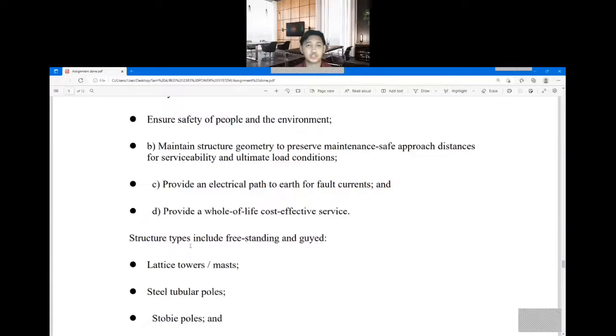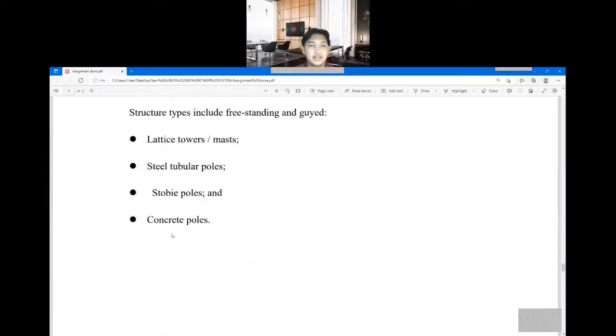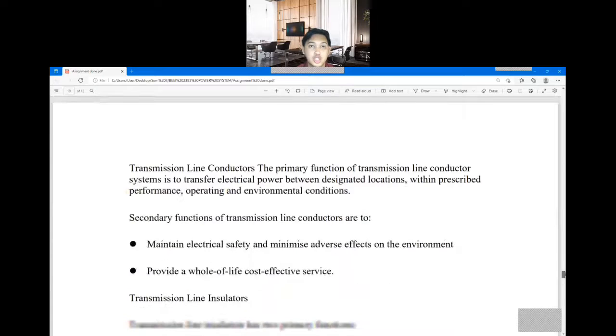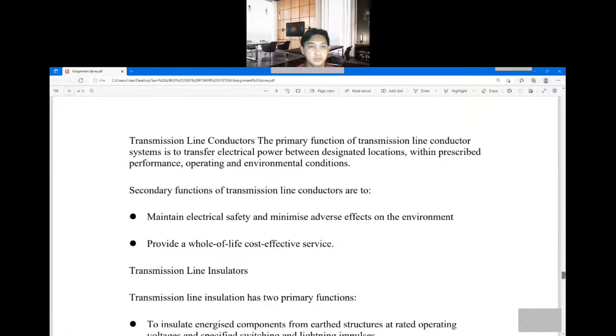And so these structure types include freestanding and guyed lattice towers, steel tubular poles, wood poles and concrete poles. They use these types of poles for the structure.